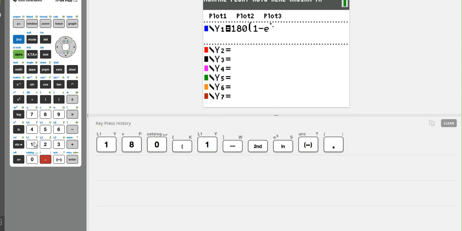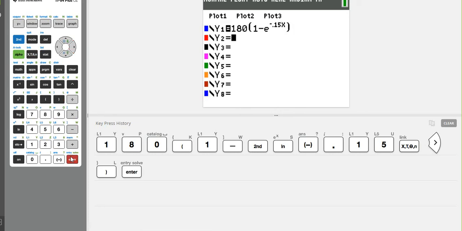Negative 0.15 x. And now you got to exit the exponent. Notice I got a little blinking cursor that's in the exponent. So hit the right arrow to get out of the exponent, and then a right parenthesis, and you should be looking like this. We got that? So is that working out okay for you?